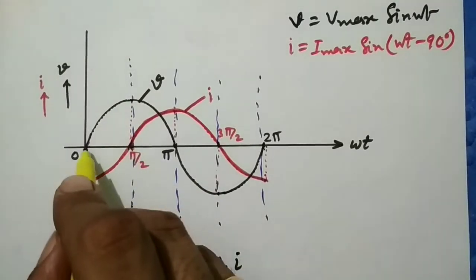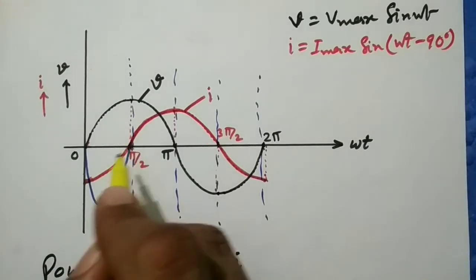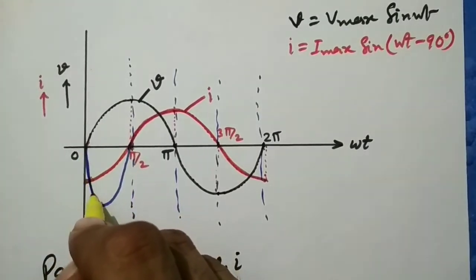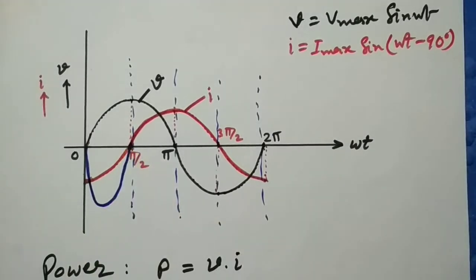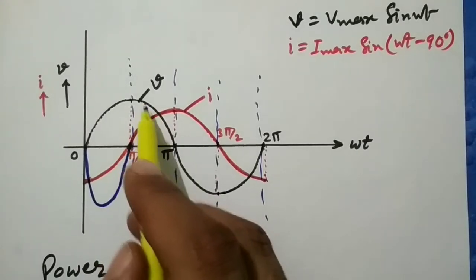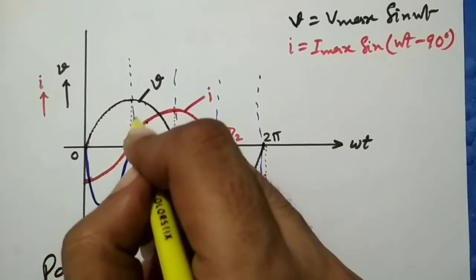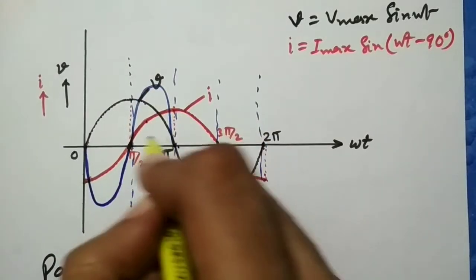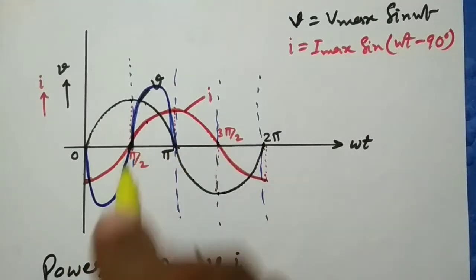Therefore, their product, the power, will be negative. So this will be the power between 0 to pi by 2. Now from pi by 2 to pi, both voltage and current are positive, so their product will also be positive. So this will be the power between pi by 2 to pi.